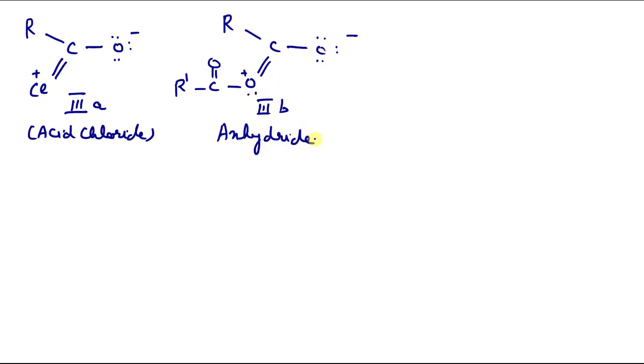This is in case of anhydride. Then in case of esters it will be R-C(O negative)=O positive-R'. Let us give it number 3C. This is in case of esters.